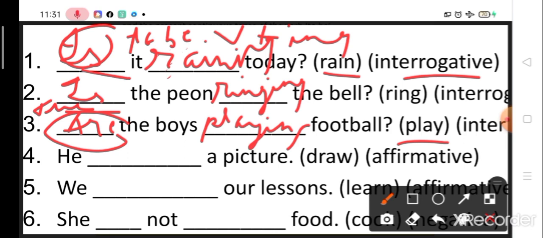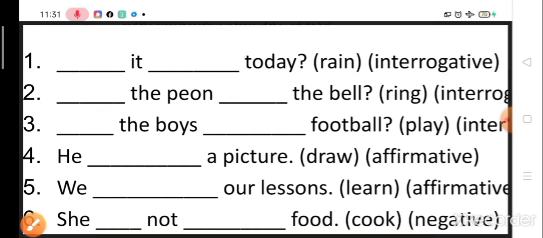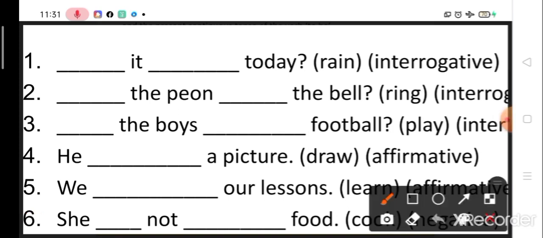Is is used for third person singular. First person is I. So with I we use am.